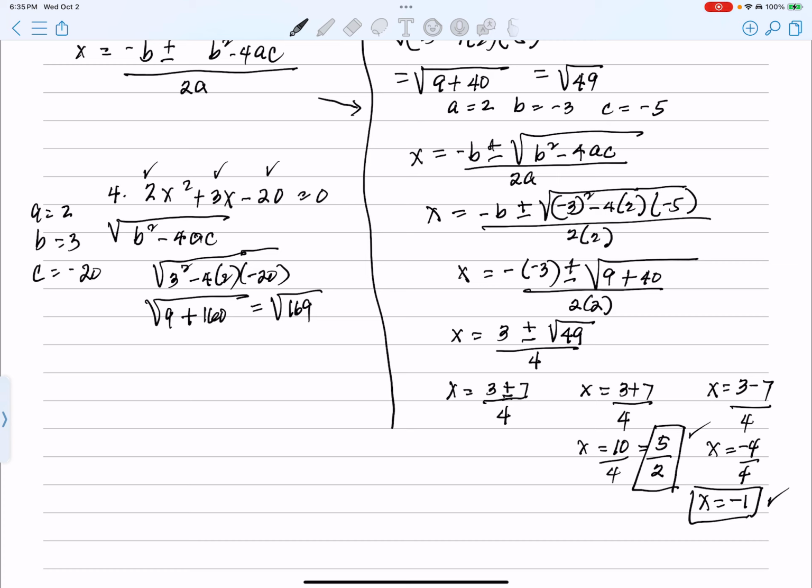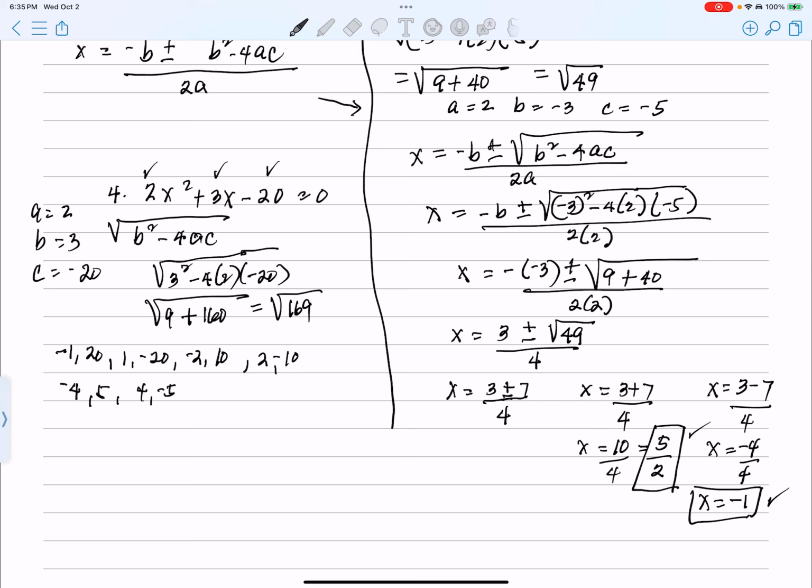I can have negative 1 and 20, or 1 and negative 20. 2 by 10: negative 2 and 10, or 2 and negative 10. I could have 4 by 5: negative 4 and 5, and I could have 4 and negative 5.